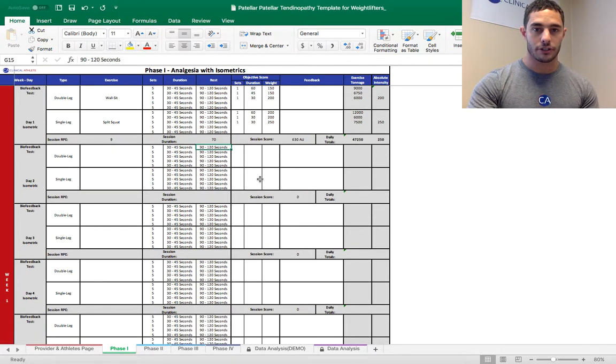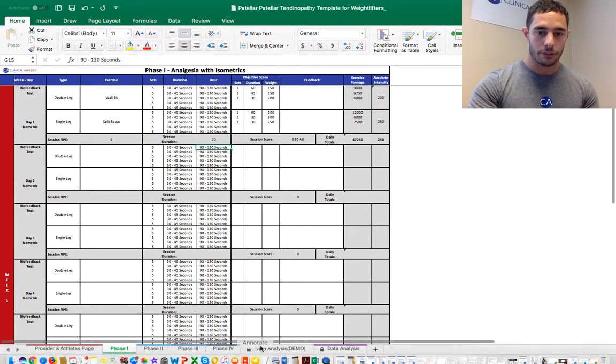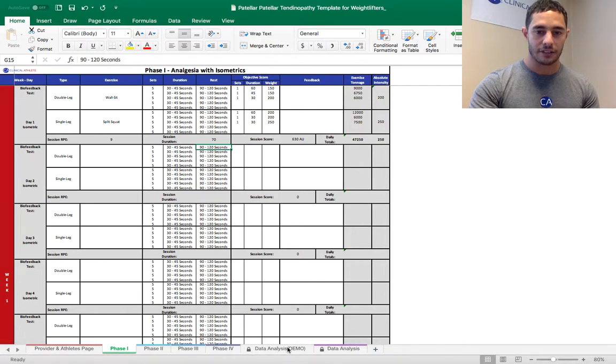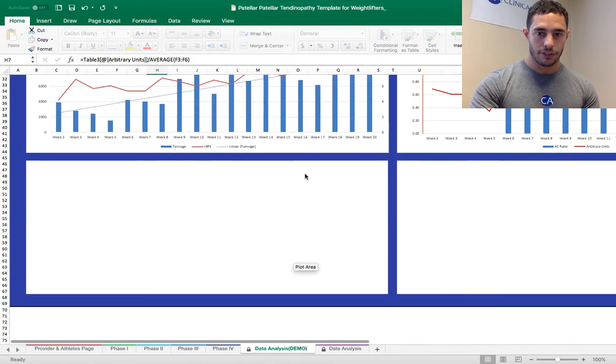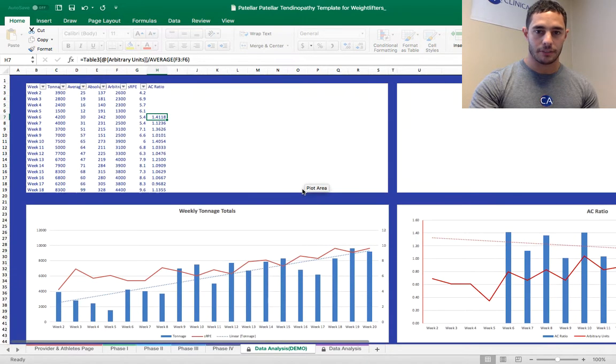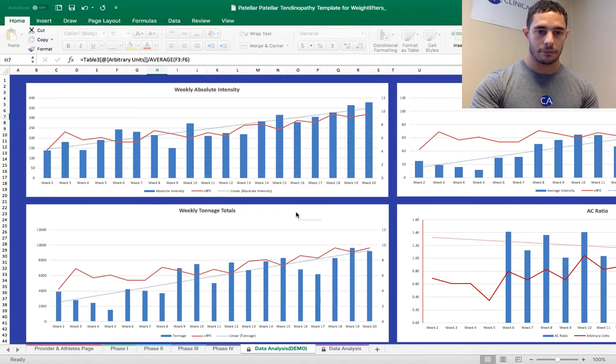Phase one is isometrics. Please make note that none of these metrics for isometrics are going to be reflected in the data analysis charts. The reason for that is because isometrics are really just about pain modulation. Go back to phase one here.